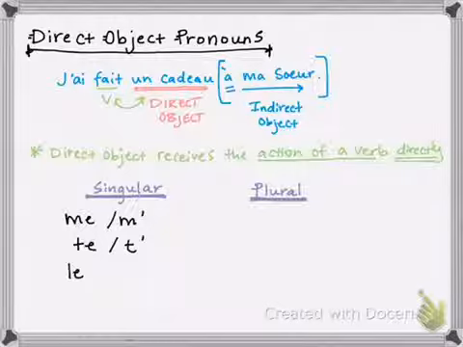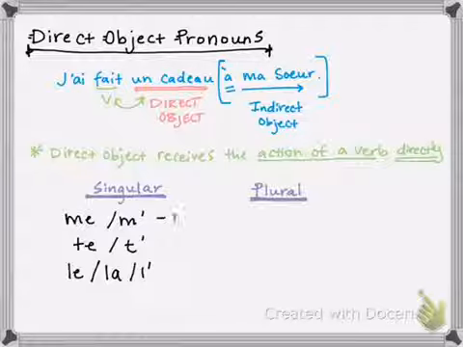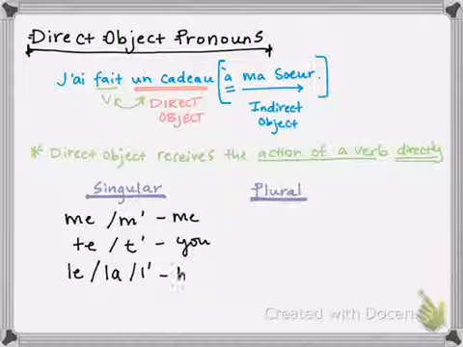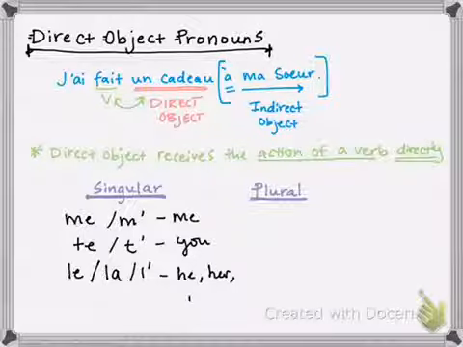Remember, lui is for masculine and feminine. But for direct object pronouns, you actually have to know the gender of the object you're talking about. So it's going to be le for masculine, la for feminine, or l' before a vowel. Okay? So remember, this one is me, this one is you, this one is he, not she, but he, her, or it.